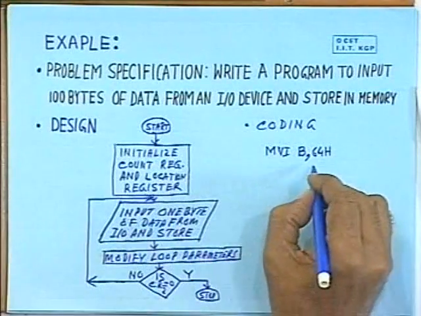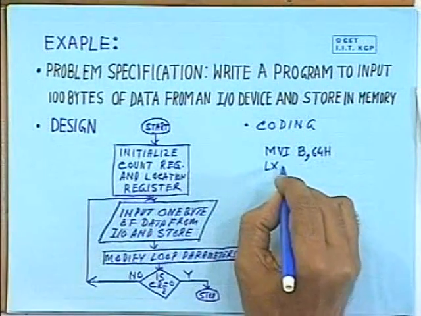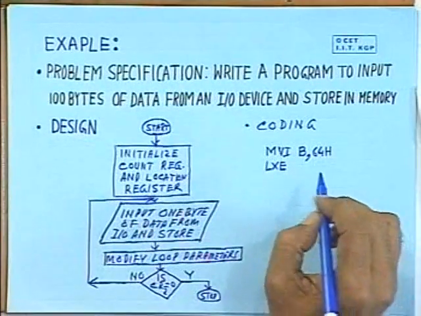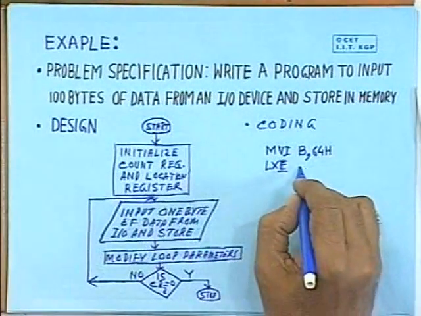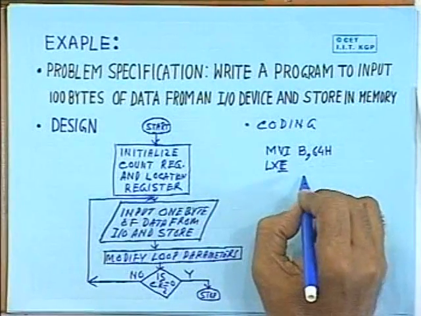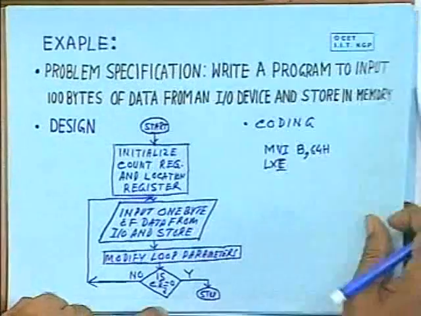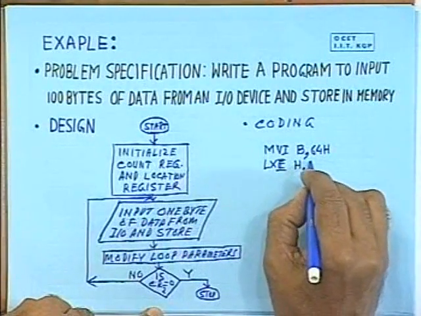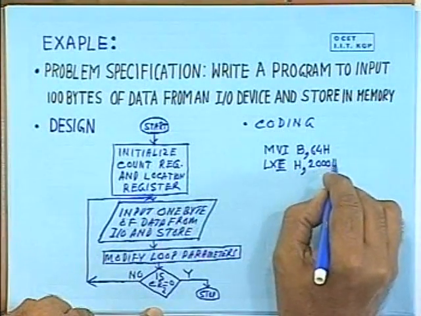Then let's assume we would like to store the data starting from a memory location. Sorry, it will be LXI. Let's assume the HL register is used, starting from 2000 H.